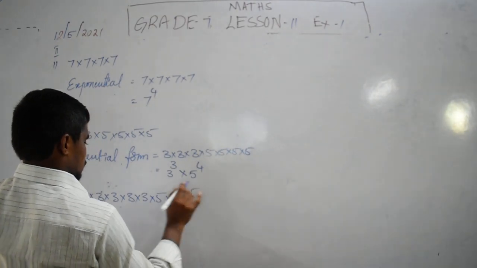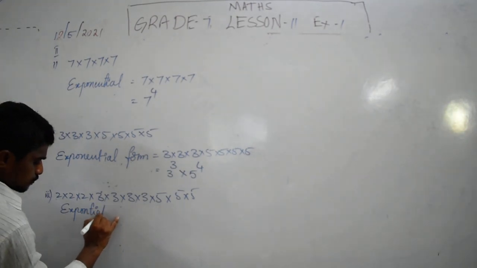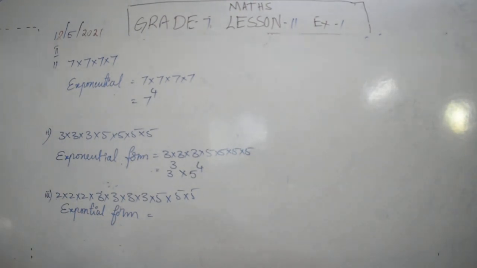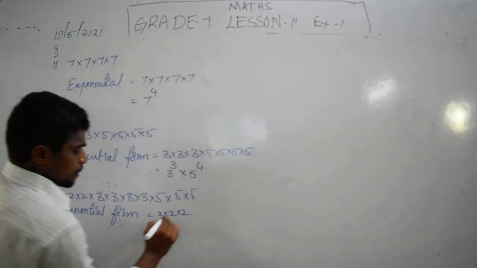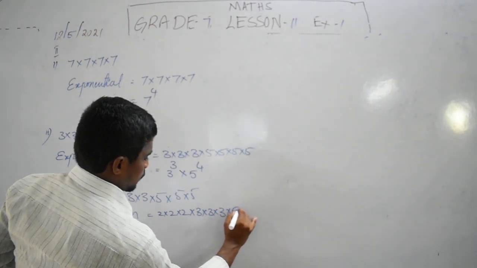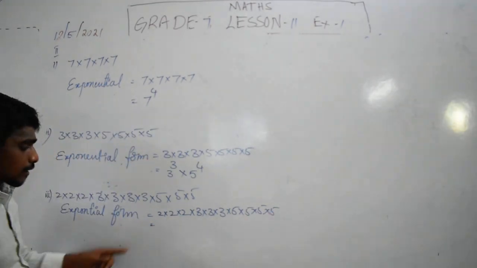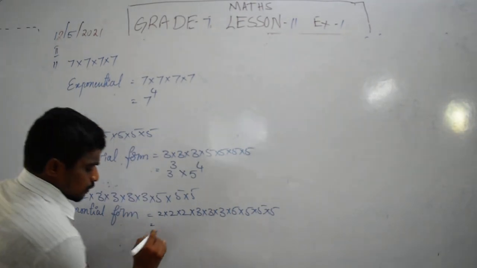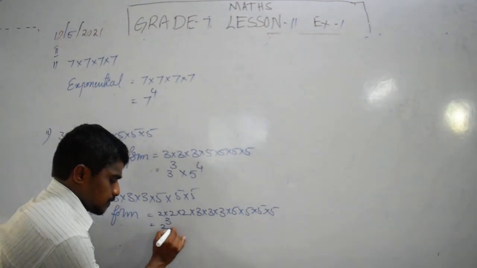Here see, exponential form. Here 2, how many times are we multiplying? 3 times. So 2 power 3.